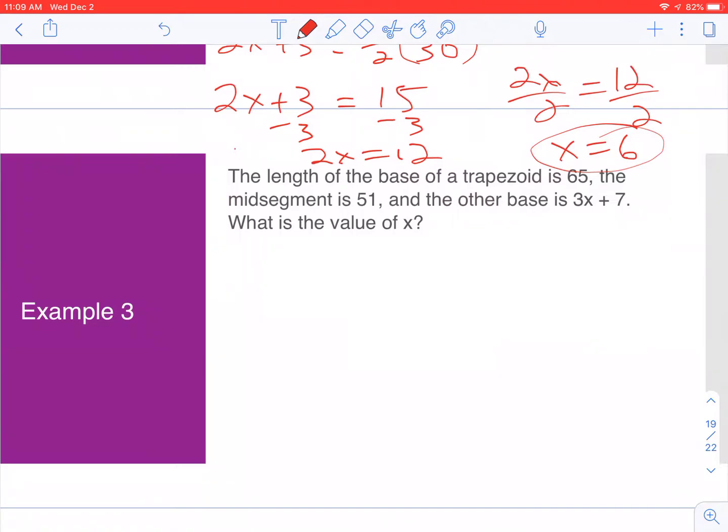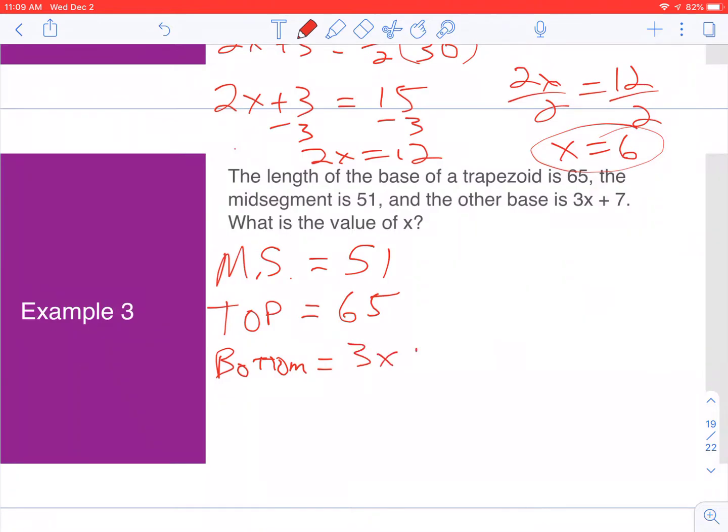Okay, let's list out this one. Mid-segment equals 51. Top equals, we'll say 65. Bottom equals 3x plus 7. So I'm going to plug them into my equation.